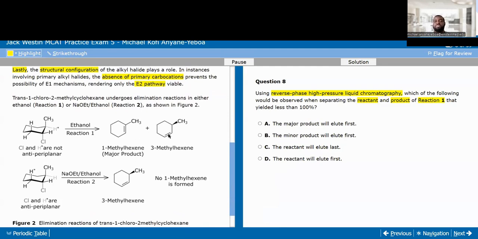It yielded less than 100%, which means there was some reactant left, right? And so if there was some reactant left here, we have a mixture of these 3 compounds. So we want to see which one is going to elute, I guess, first or last, because chromatography, for my knowledge, the ones with less mass elute first.